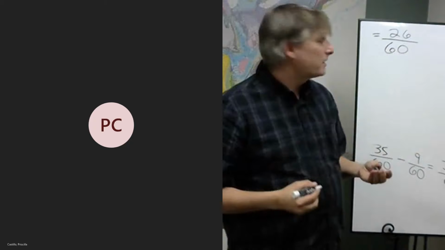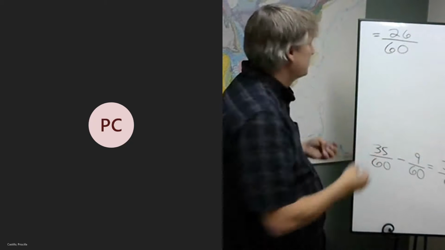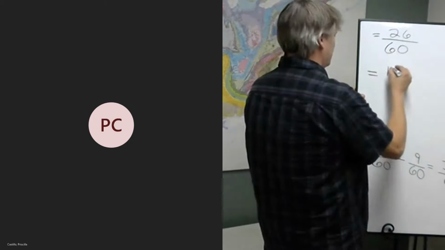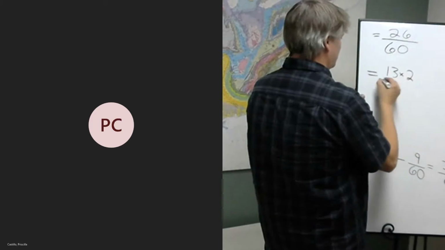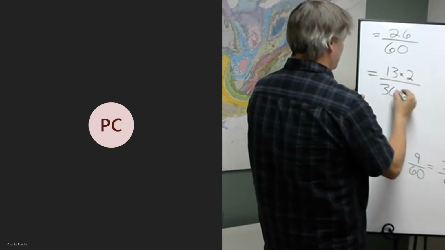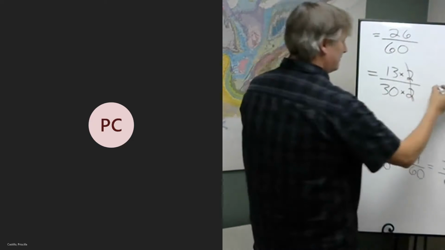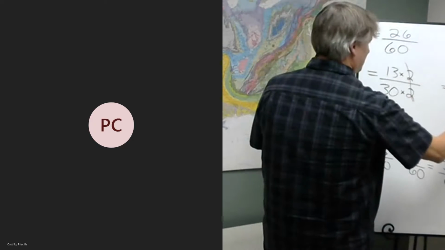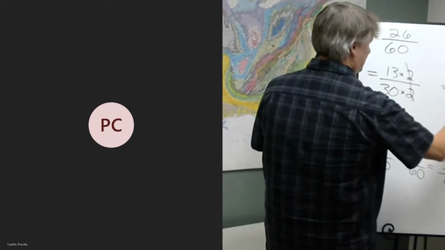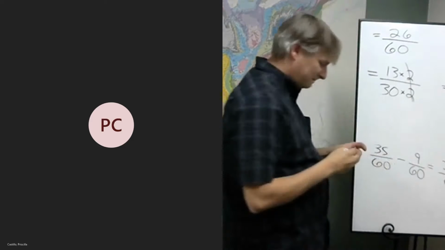And we're almost done. We want to try to reduce this to lowest terms. Those will cancel. 13 over 30.